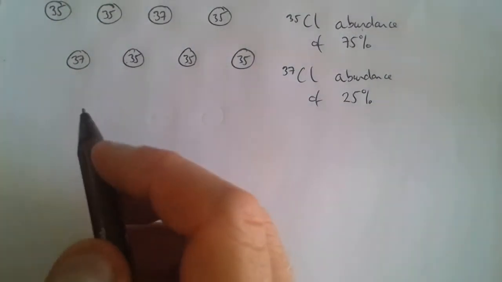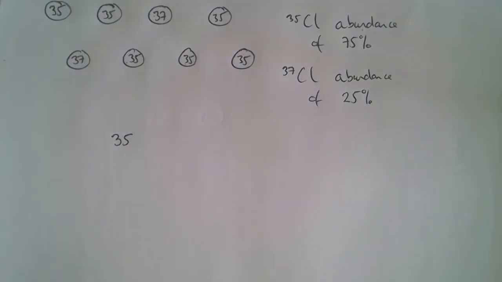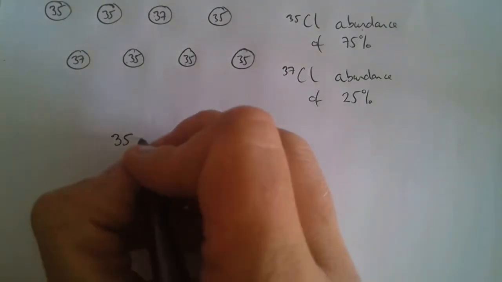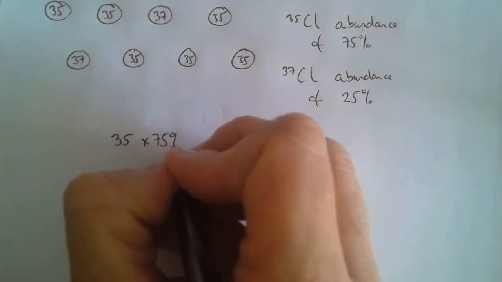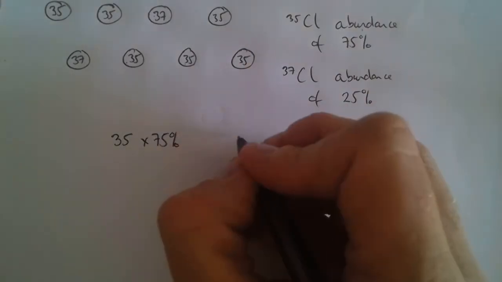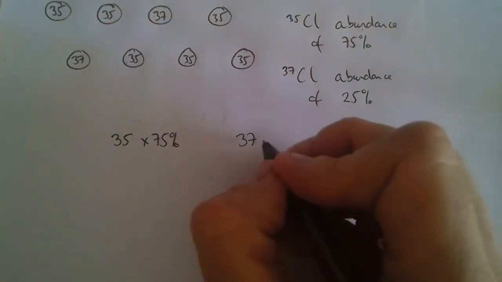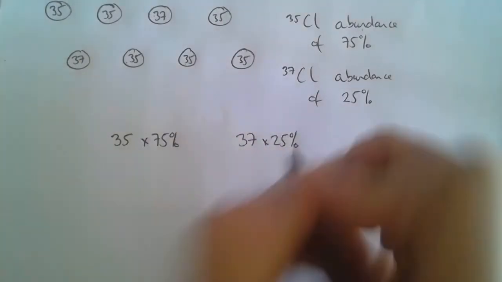We say, first of all, that our isotope mass 35 has an abundance of 75%, and I'm going to multiply that by 75%. And we see that our isotope with a mass of 37 has an abundance of 25%.